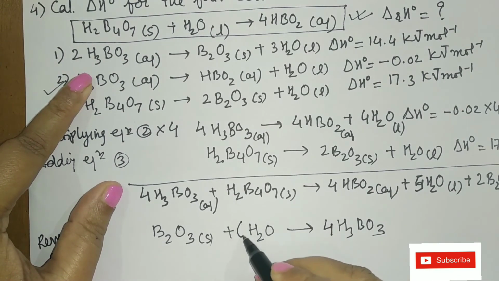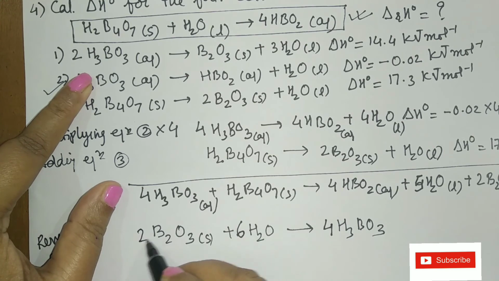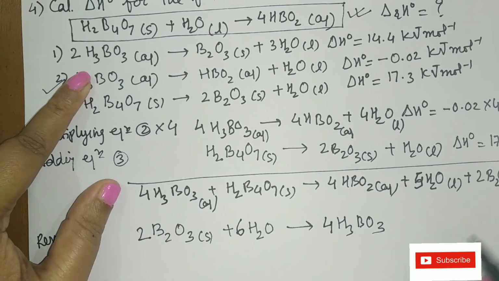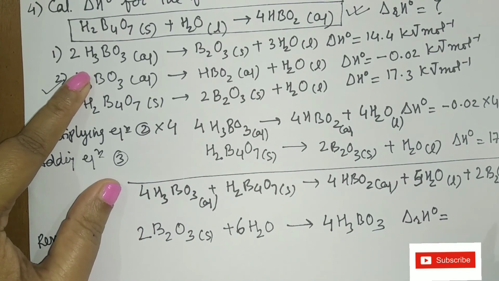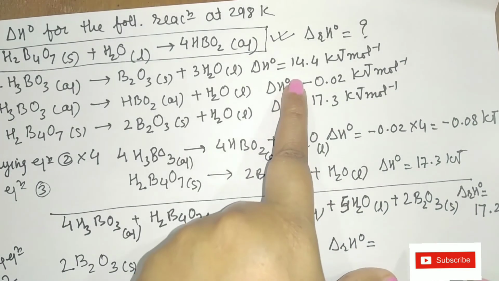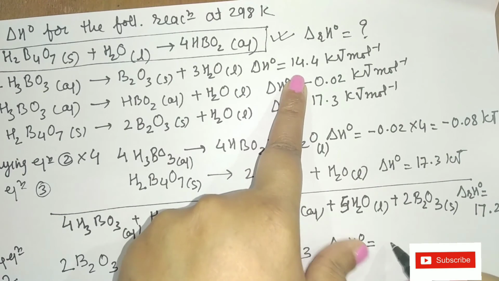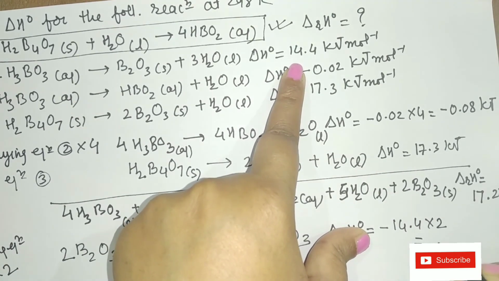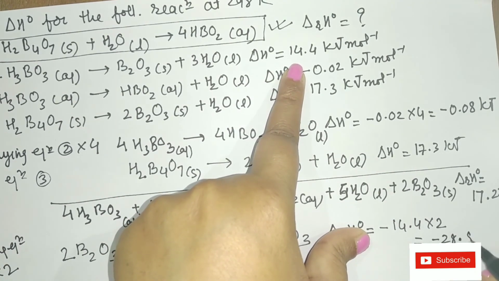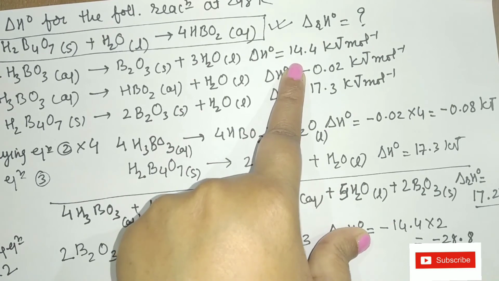This will become 6 here and this will become 2. As I have reversed, so what I should do for the enthalpy change, the sign will change. So let us change the sign. So this 14.4 will become minus 14.4 and then I'll multiply this by 2. So what I will get is minus 28.8. So this is one value, this is second value.